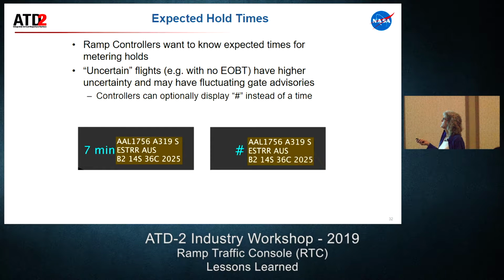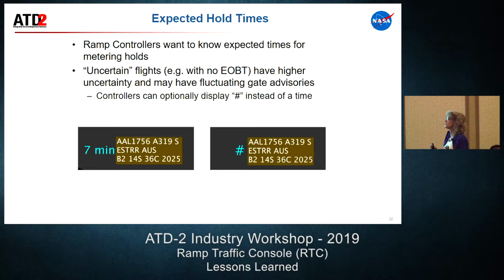And as Debbie said, the ramp controllers do want to know the expected hold times for the metered flights. In our implementation of the scheduler, we have what's called uncertain flights, which are flights without an EOBT, and they have a higher level of uncertainty, so their gate advisories may fluctuate more.